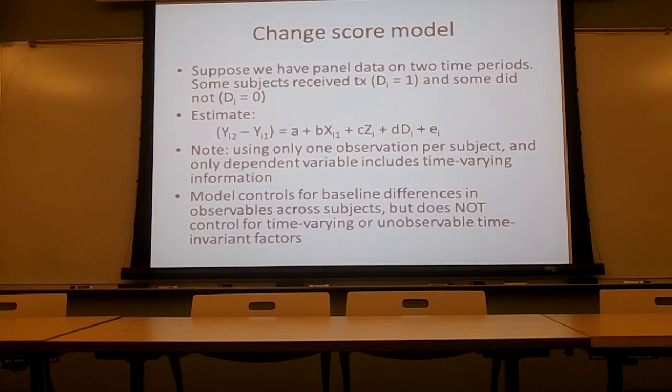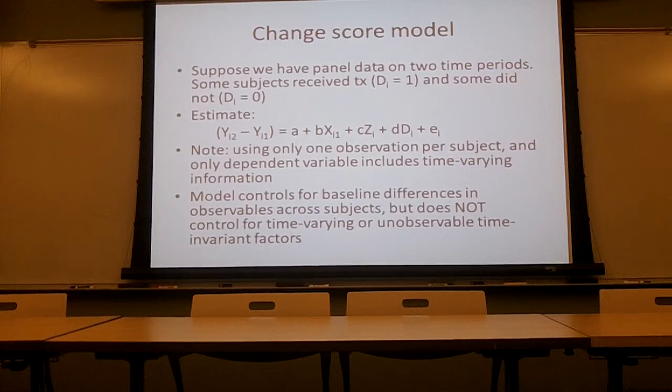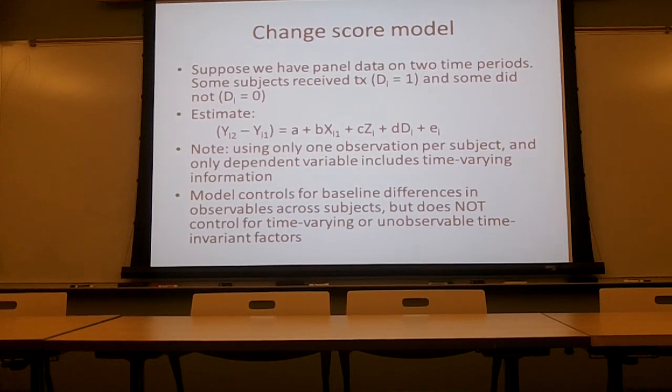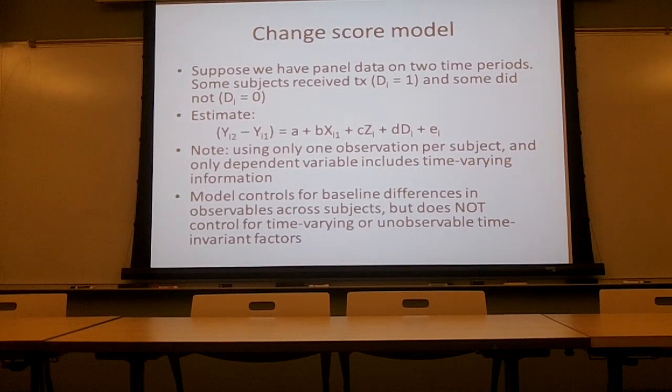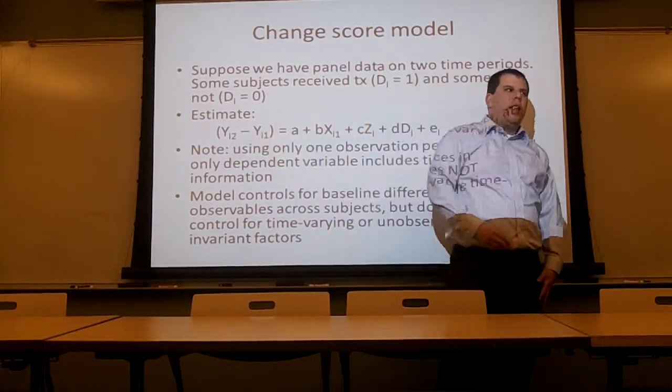So the first approach, which is more common in the clinical literature than anywhere else, is the change score model. The simple setup, and this is going to be true for everything I have to say today, is that we have panel data on 2 time periods. Some subjects received the treatment, D_i equals 1, and some did not. And so we estimate a model. Where the models will differ is in what they're estimating. In the change score model, the dependent variable is literally the change score.